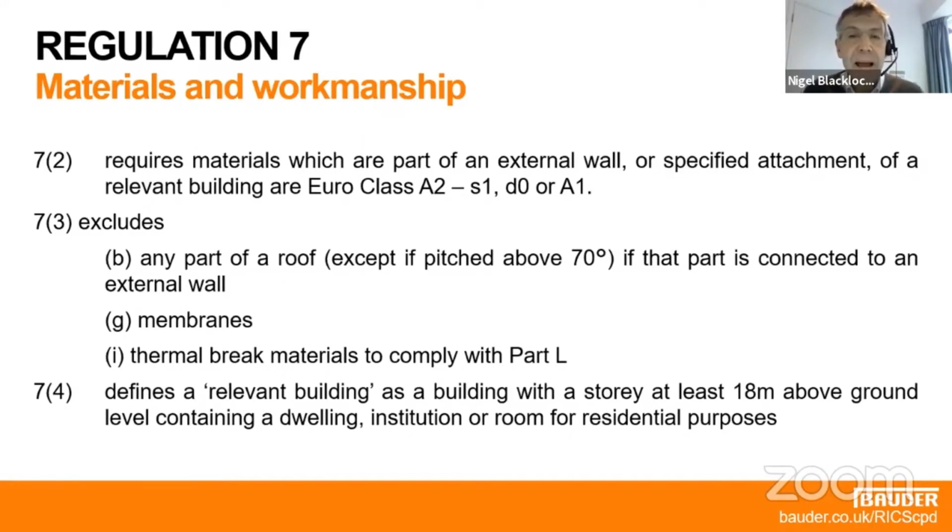But then it gives back in 7.3, stating the exclusions to that, and I've listed the ones relevant to roofing here, flat roofing specifically: any part of a roof that's in connection with the external wall, or if it's a membrane, or if it's a thermal break material. Now, we're going to talk about these in a bit more detail as we go on. So there are three relevant exclusions.